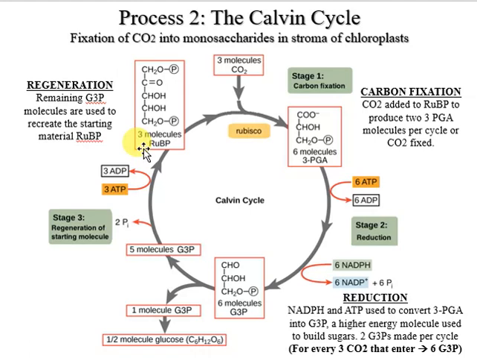So this enables the system kind of to go back to its factory settings, where it's able to accept or receive more carbon dioxide because you have the regeneration or production of RuBP, which can receive and fix the carbon dioxide that enters the system.